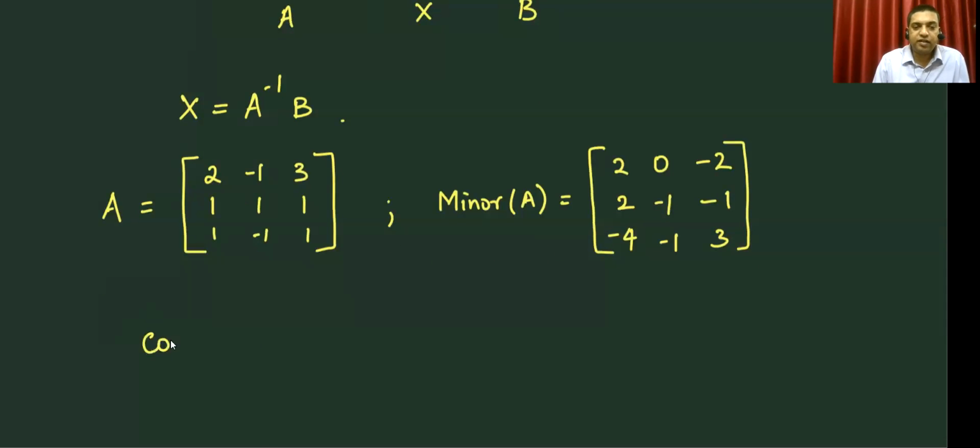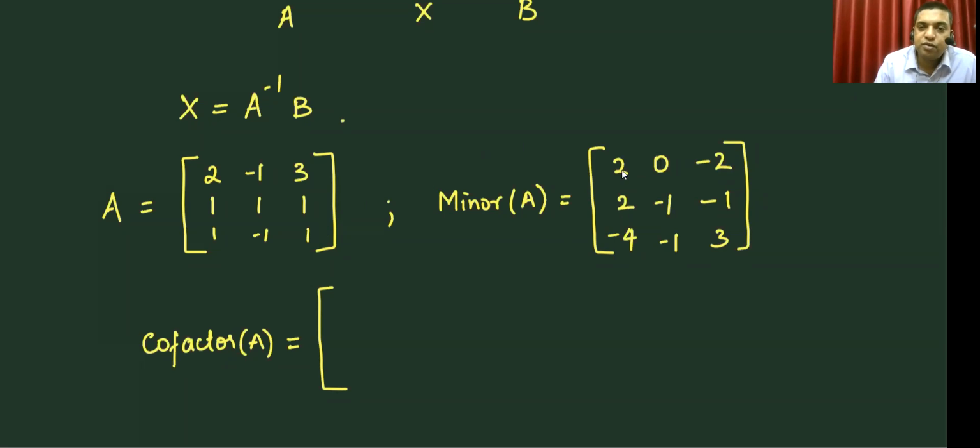What will be the cofactors? Cofactor is alternately plus, minus, plus, minus, plus, minus, plus, minus, plus.